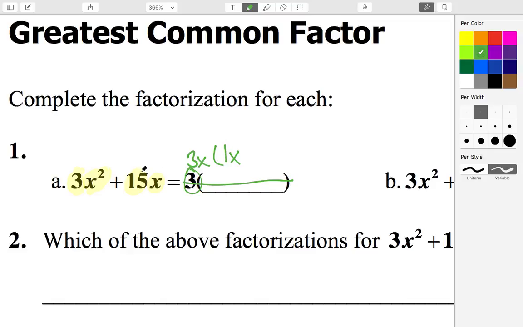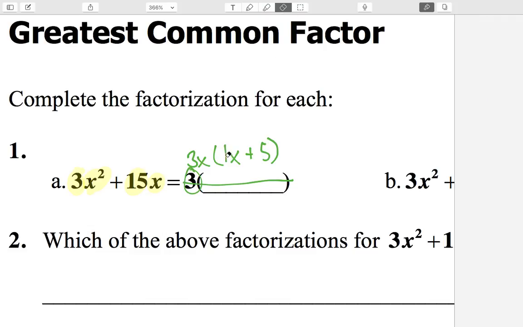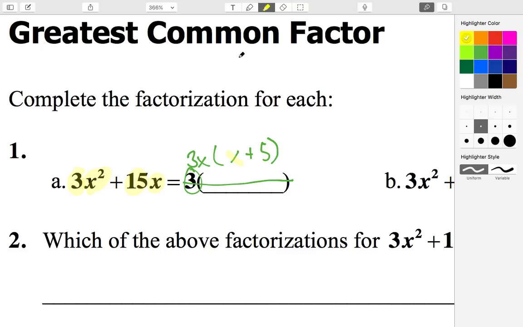There's 1 here and 1 here. You don't need any, so you can close the parentheses. So your answer is going to be 3x times x plus 5. And I'll leave B for you to do. It's very similar.